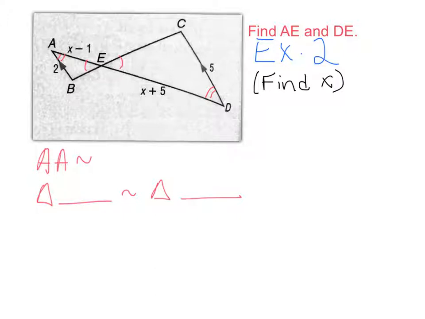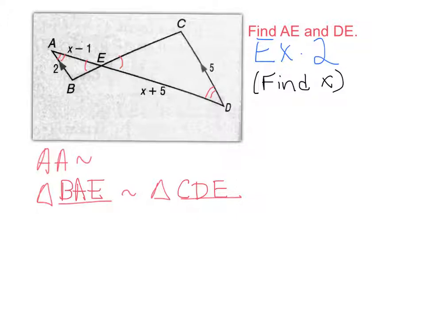So now remember, we can put these triangles, first 3 letters, in any order we want. So if I go B, A, E, then I just need to make sure that the second piece here is going to be in corresponding order. So I'm going to go with angle B goes with angle C. A goes with D because that's the way that we marked it in the diagram, and of course E goes with itself on the other side there.